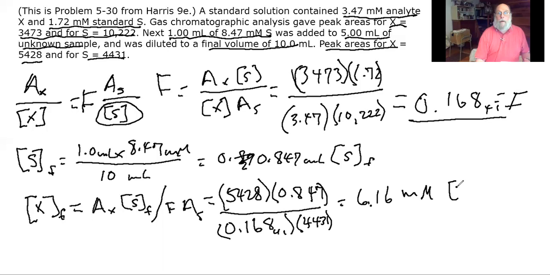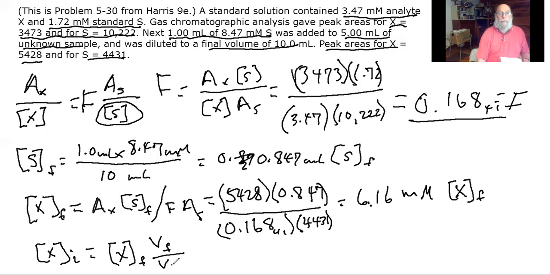And once again, that's the concentration in the final. We now need to take account of our dilution factor, so that our X initial is going to be X final times the dilution factor. That would be our final volume divided by our initial sample volume.